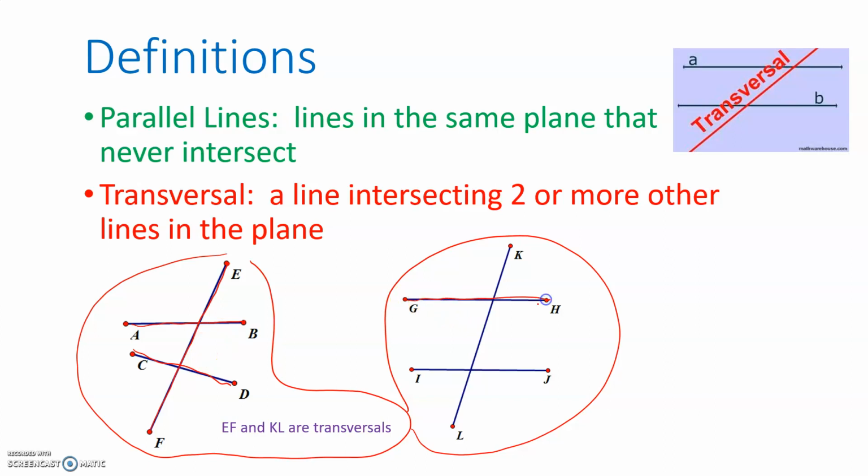Here it appears that GH and IJ are parallel to each other, and this line goes through them, so that's a transversal. So a transversal can go through two parallel lines, as in this case, or through two non-parallel lines, as in that case.